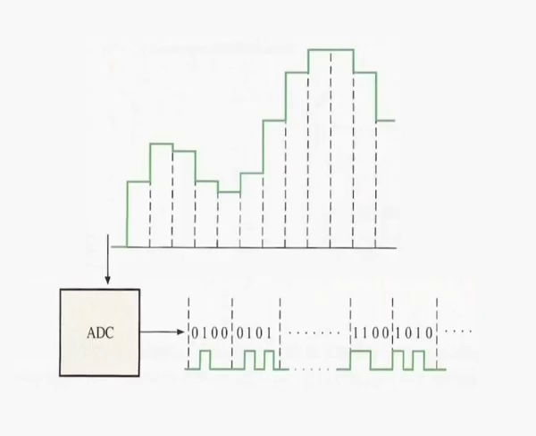Therefore, the analog to digital conversion can be done using a constant value rather than having the analog signal change during a conversion interval, which is the time between sample pulses. The figure illustrates the basic function of an analog to digital converter. The sample intervals are indicated by dashed lines.